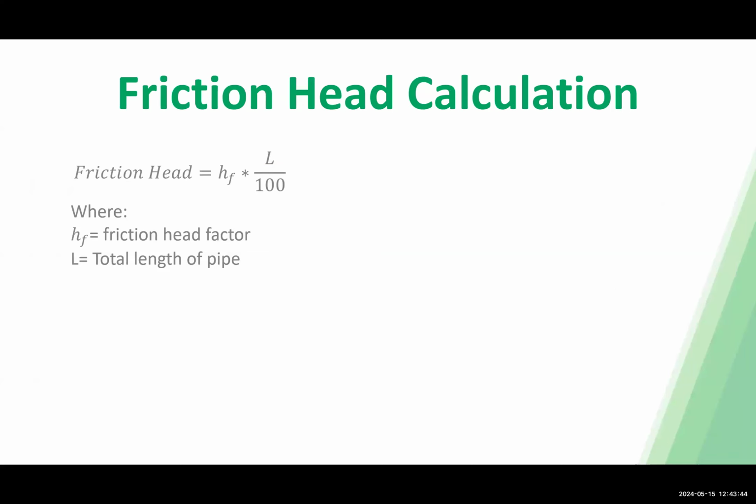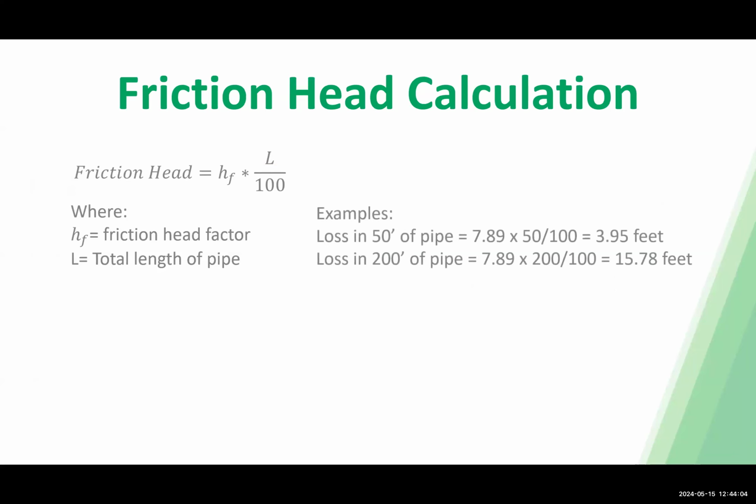So friction head calculations. This is the equation that I've been referencing. This is mainly why you want to go over those two charts from before. Your friction head is going to equal your friction head factor multiplied by your total equivalent length of pipe, divided by 100. As two quick examples, you have loss in 50 feet of pipe, with 50 feet being your total equivalent length, which includes your check valves, gate valves, anything in that system.